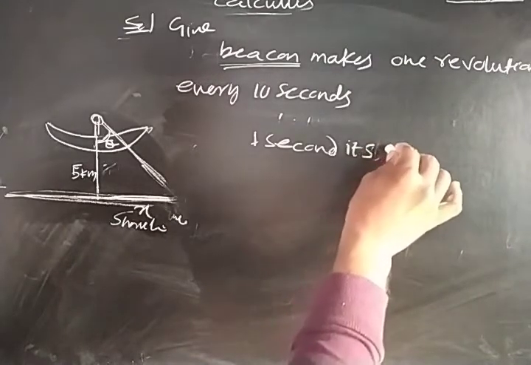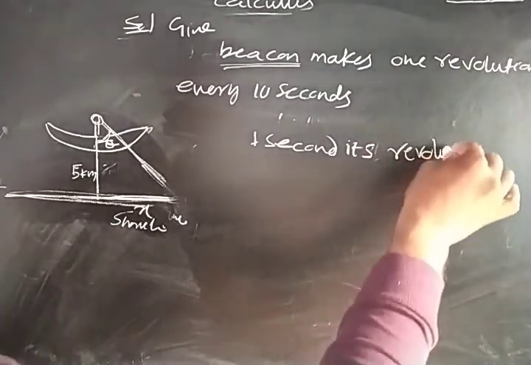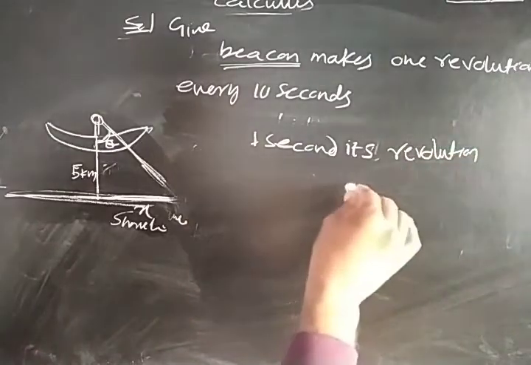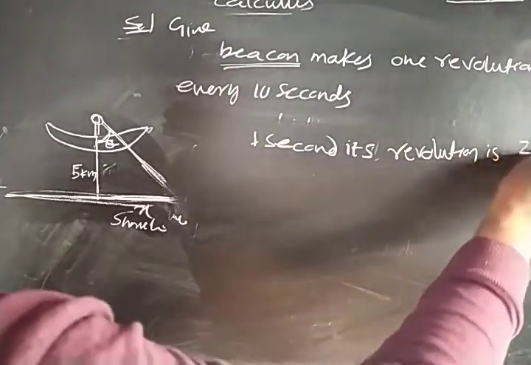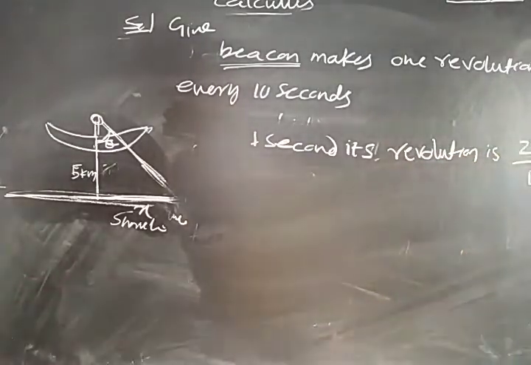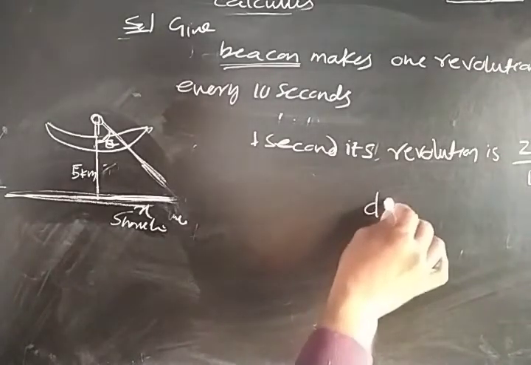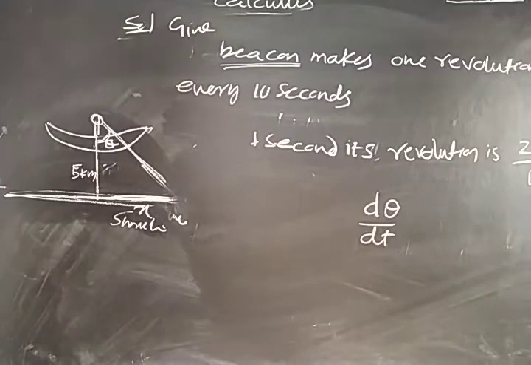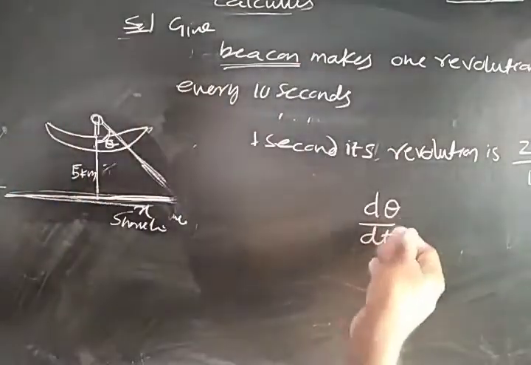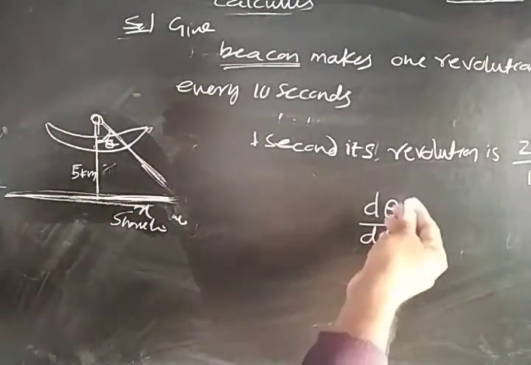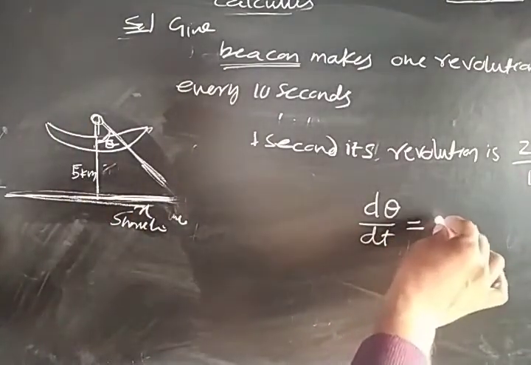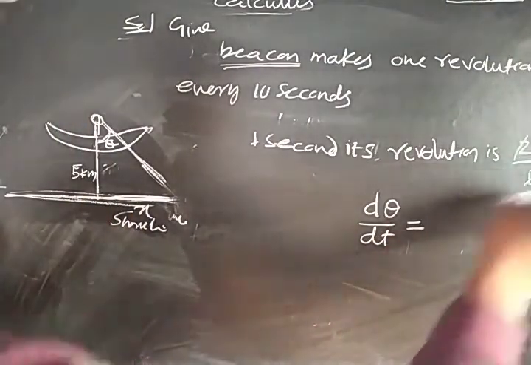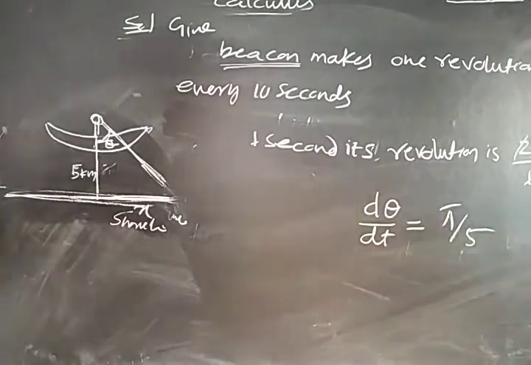Its revolution is 2 pi by 10, which is denoted by d theta by dt, the change in angle with respect to time. d theta by dt is 2 pi by 10. By simplifying, it is pi by 5.